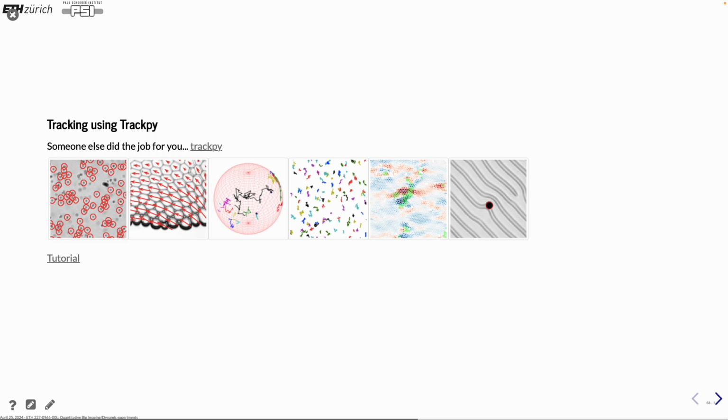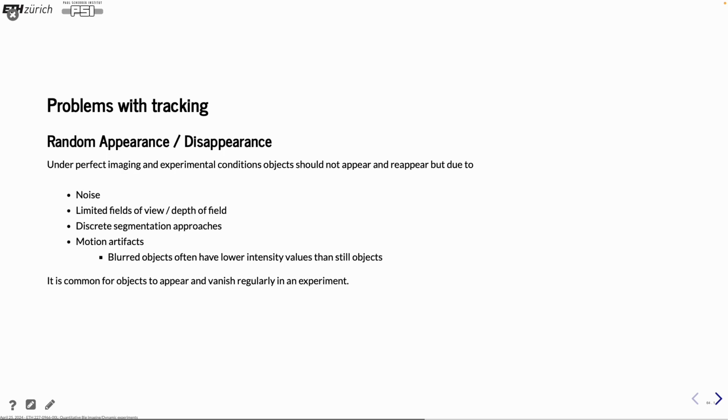And if I remember right, there were pretty nice notebooks showing how to do this tracking for these different cases. For example, this is some kind of foam that is moving, and you can see how the bubbles change their positions and shape with this vector field.